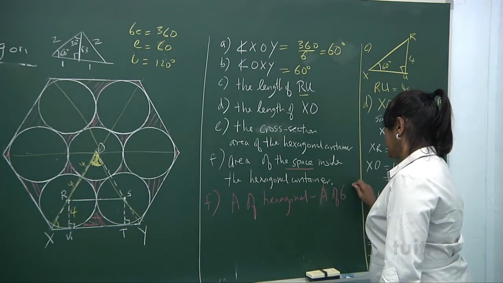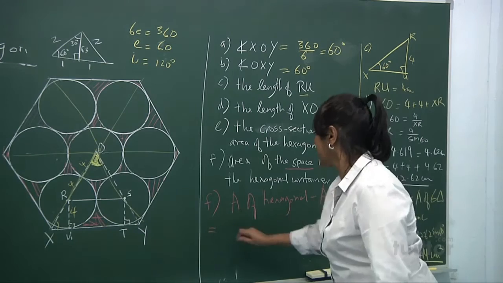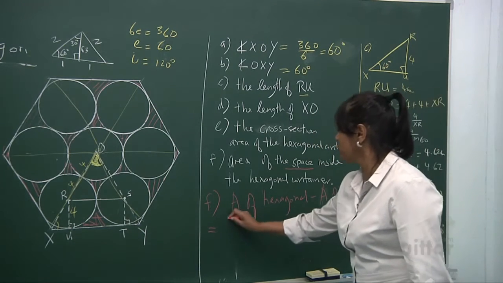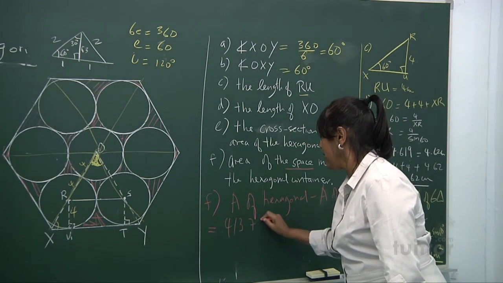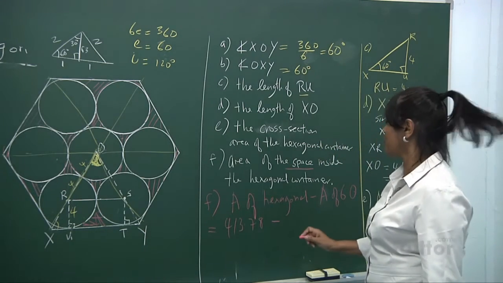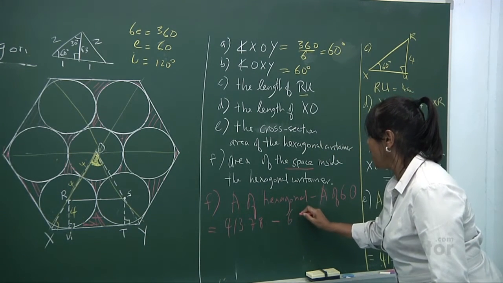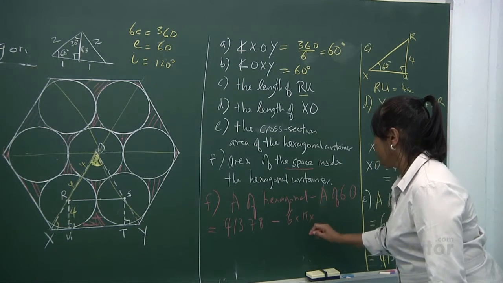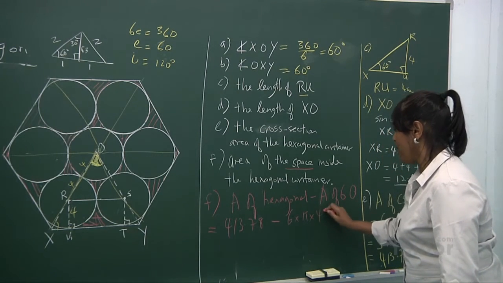So the hexagon that you got is 413.78, minus 6 times pi r squared, where r is 4 squared.